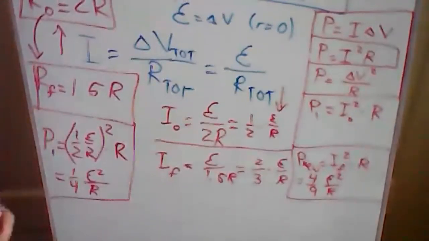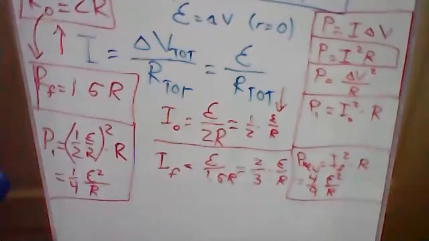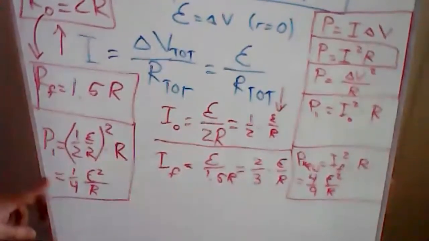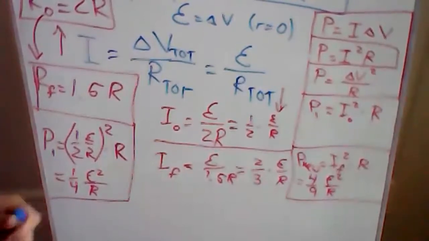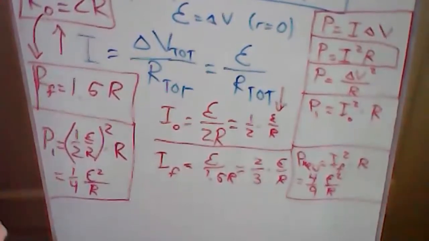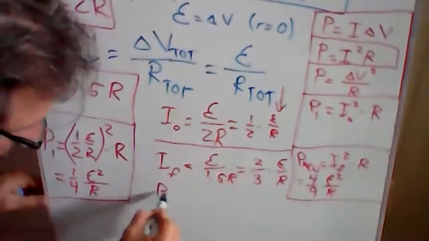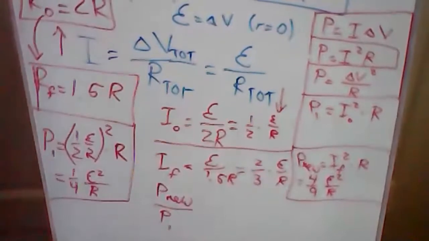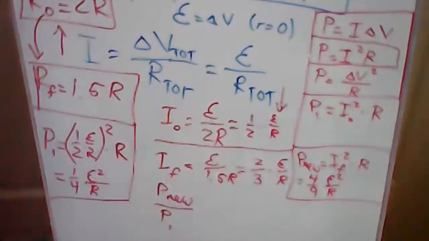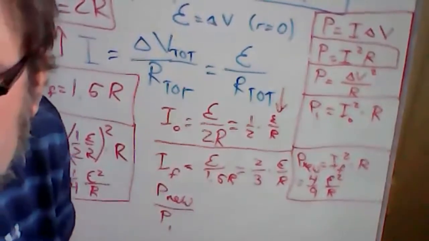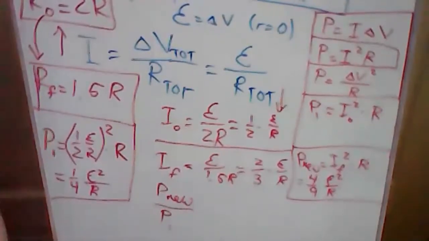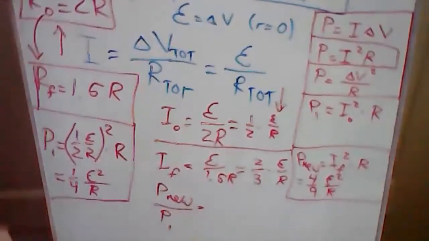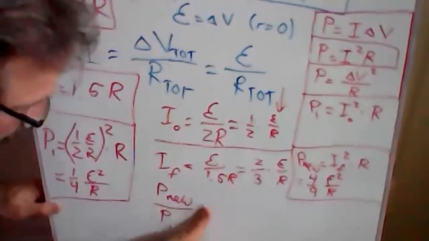Okay, so let's come back down over here for our results. They would like to know how big P nu is compared to P1. Another way of saying that is they want to know the ratio of P nu to P1. I don't like the notation they're using. So P nu divided by P1 is what we're looking for. How much has the power increased?